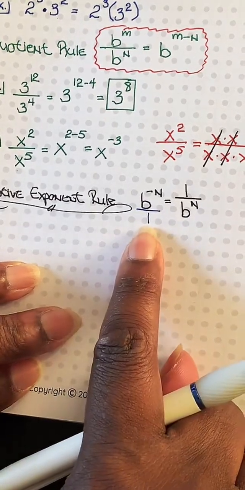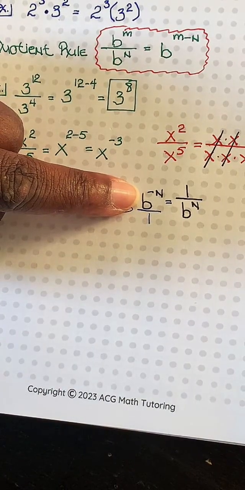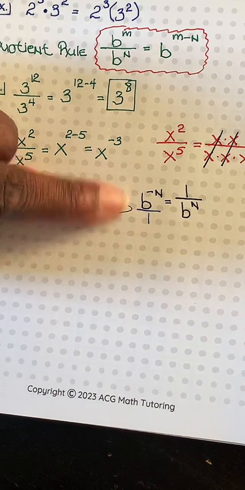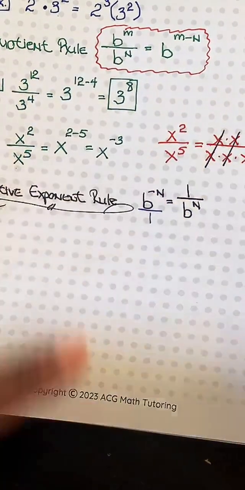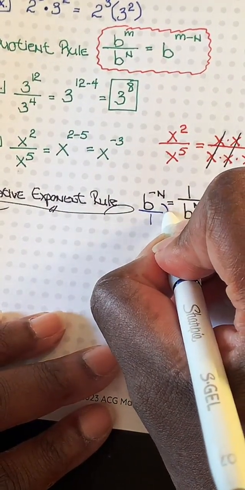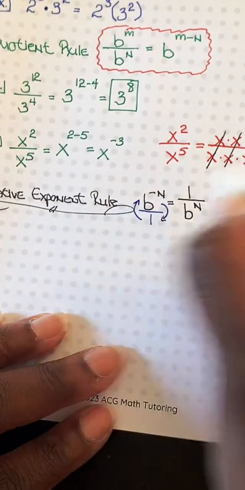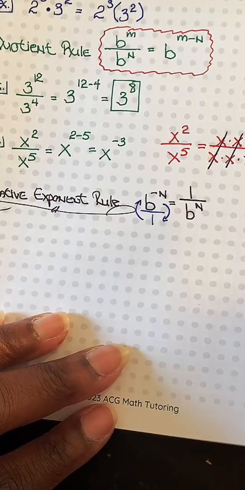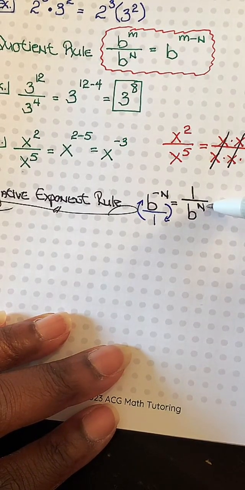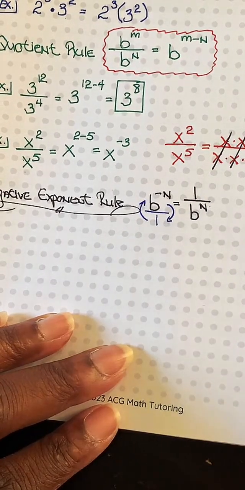By putting it over 1, it doesn't devalue the power at all, because anything divided by 1 is itself. But it helps us to understand what's happening over here. In order to make it positive, this needs to drop and this needs to pop up, especially if it's a 1. So that's why you got your 1 over b raised to the positive n. The act of dropping changed the signage.